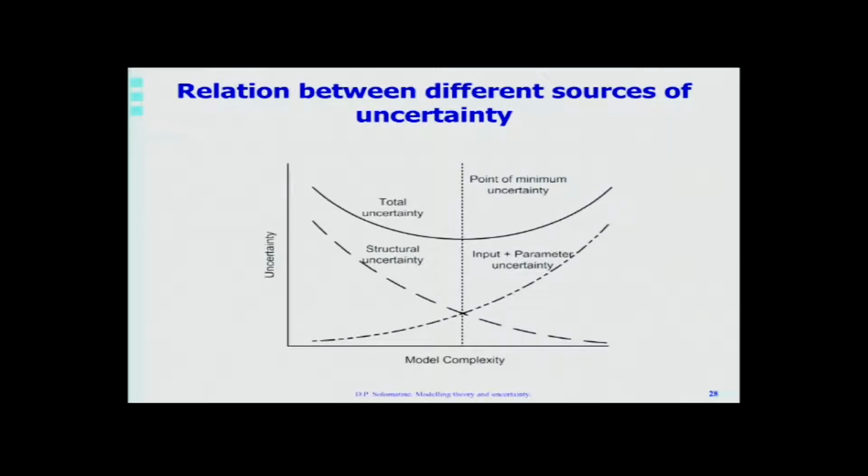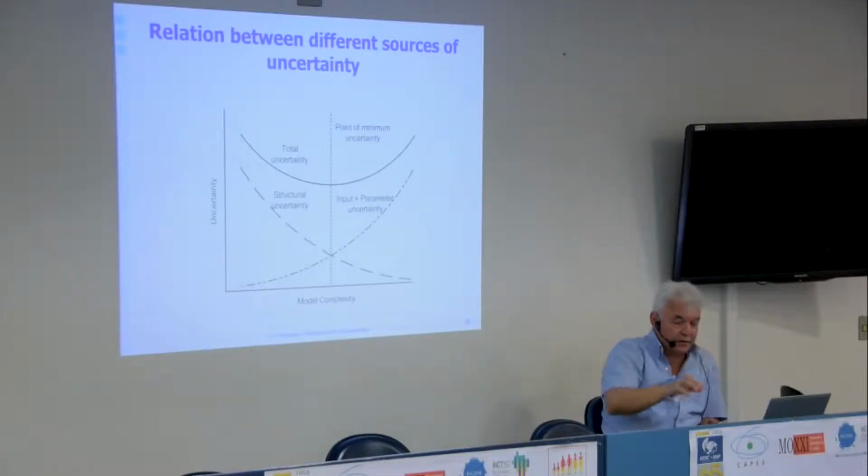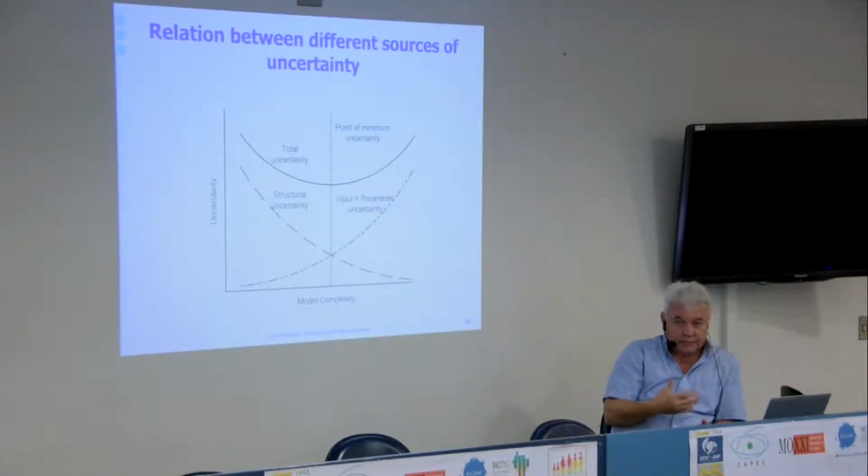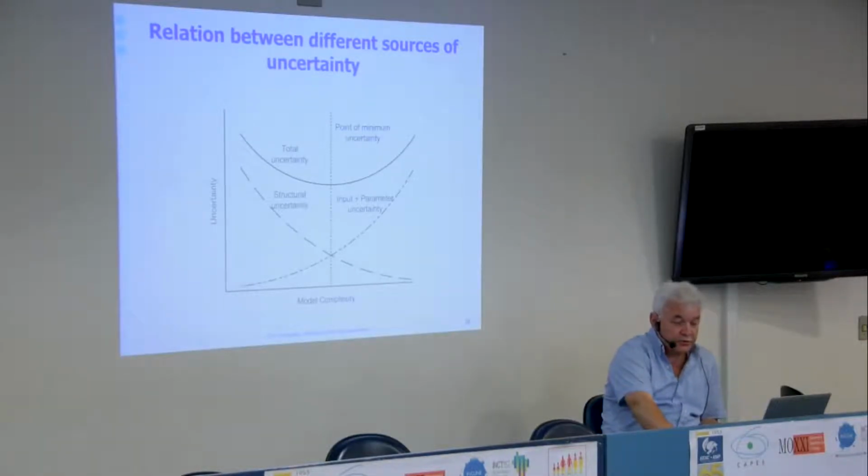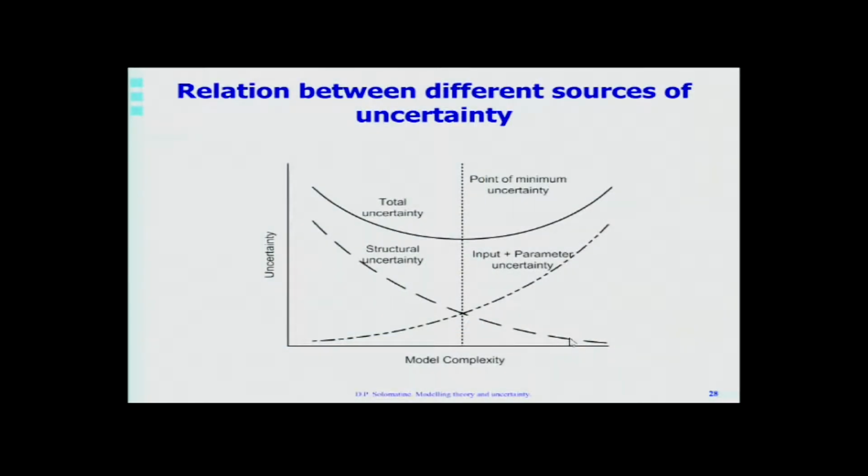Then you switch to a semi-distributed model. Okay, so you assume the catchment consists of several sub-catchments, you link them, you calibrate them separately, and your model becomes, in theory, more accurate. So in principle, your uncertainty should go down. So structural uncertainty for sure.